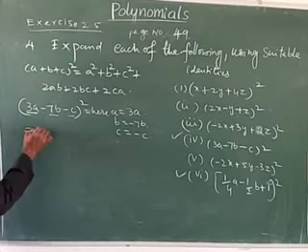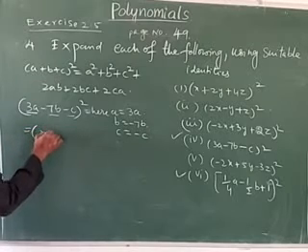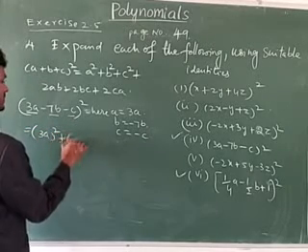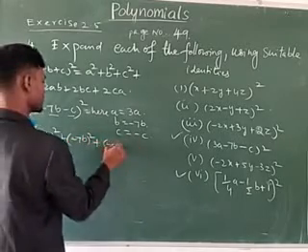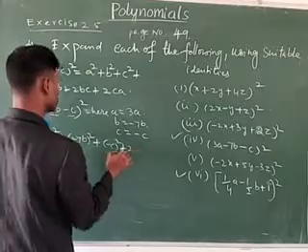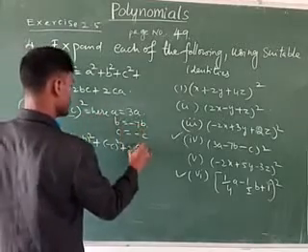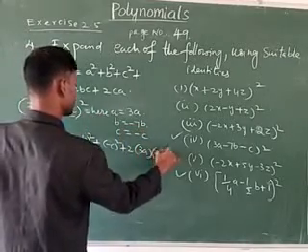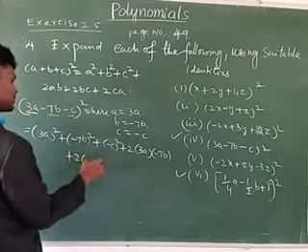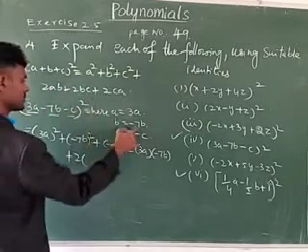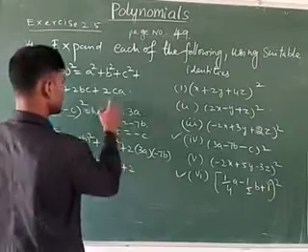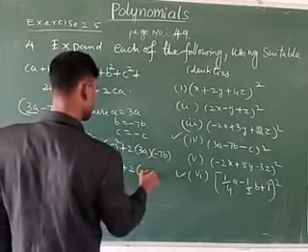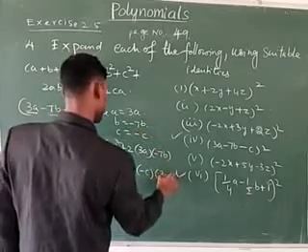Then a square means 3a whole square plus b square means minus 7b whole square plus c square means minus c whole square plus 2 into ab, a is equal to 3a and b is equal to minus 7b, plus 2bc, b is equal to minus 7b into minus c, plus 2ca, c is equal to minus c into a is equal to 3a.